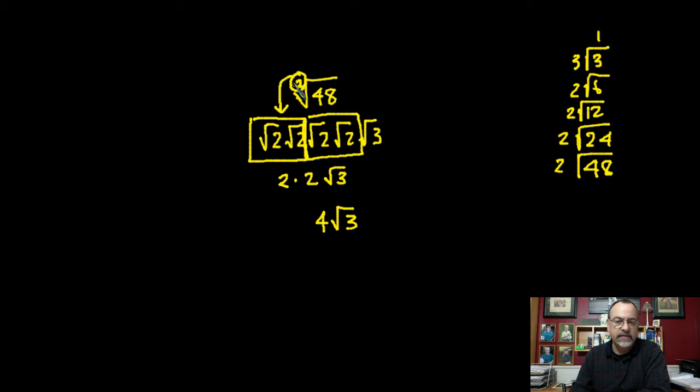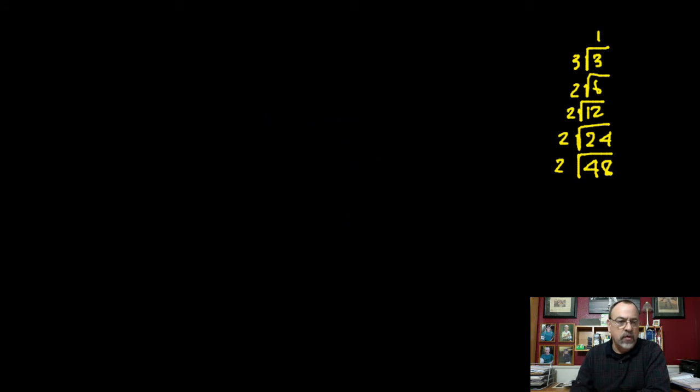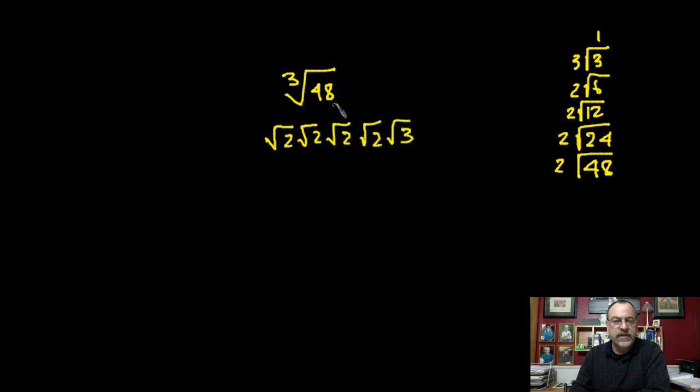Because of the index, I kind of know that now. So what if I wanted to do not the square root, but maybe the cube root of 48? What would that be? Well, I pretty much do the same process. I take the value here and I find its prime factors, and as I multiply these together, it still equals 48, but now the index is 3.